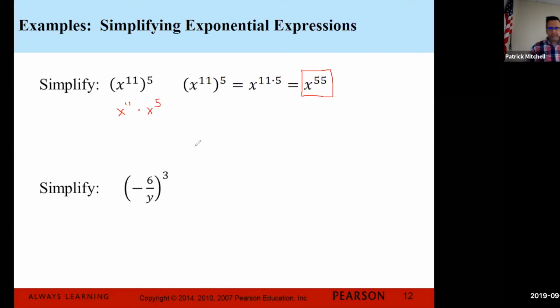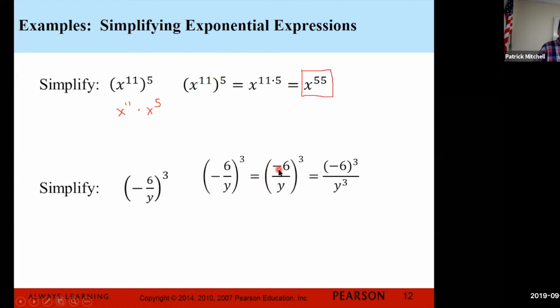Okay. Next we have the third power of -6 over y. I showed lots of work for this one. This is the quotient to a power rule. The first thing I did was move the negative sign up to be next to the 6.